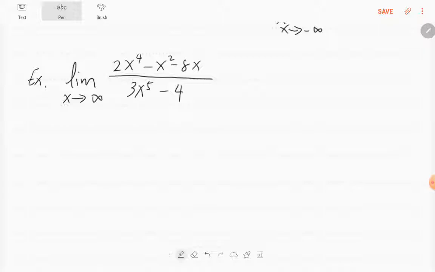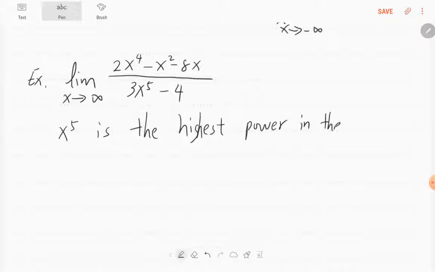So the first thing we need to do is determine the highest power of the numerator and the denominator. The highest power of the denominator is x to the fifth, right? So x to the fifth is the highest power in the denominator. This is the first step.